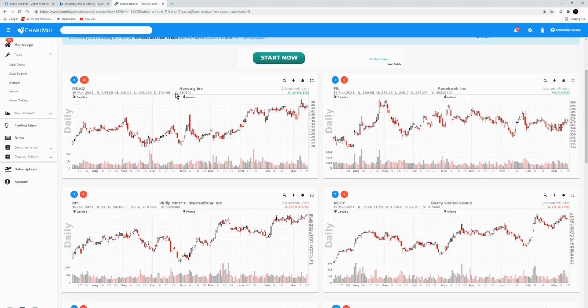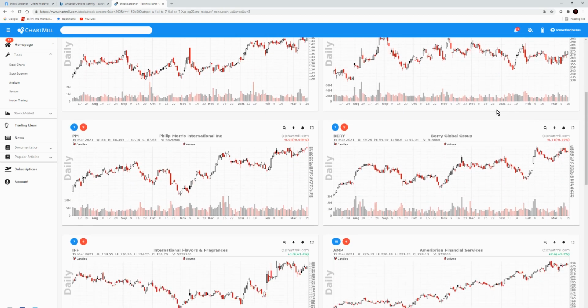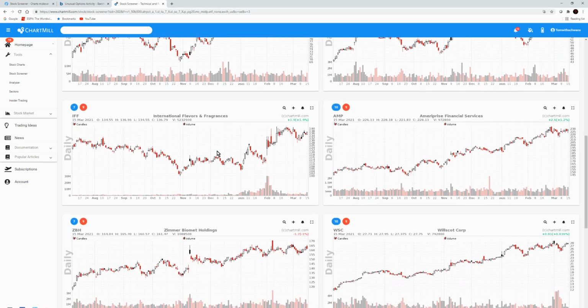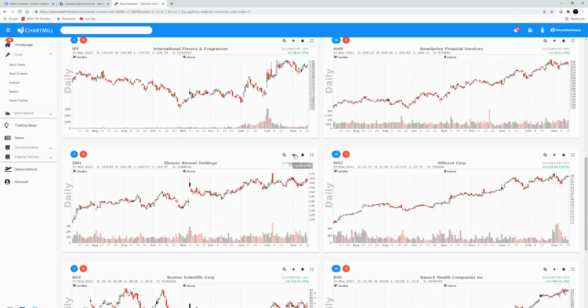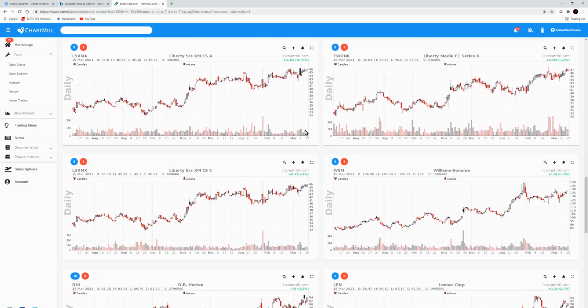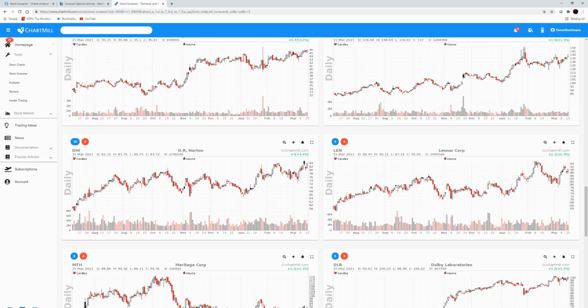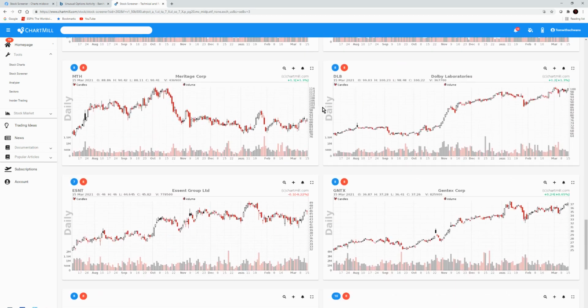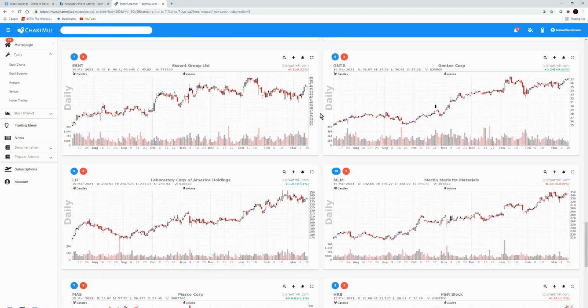So Nasdaq, Facebook, just really cool setups that are actionable right away, usually, or within a week or two. You can just go through this to find ideas and get stuff on your radar. Then the idea is you chart it yourself, you do your research, but this will help you fine tune your research down to a small set of stocks. Hopefully 10 or 20 stocks that you pick out, and then you can go from there.